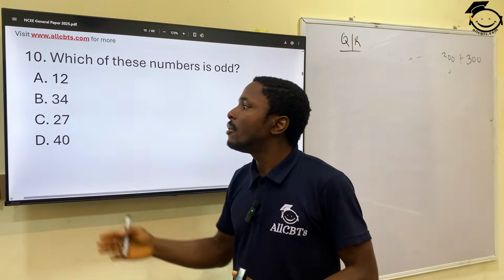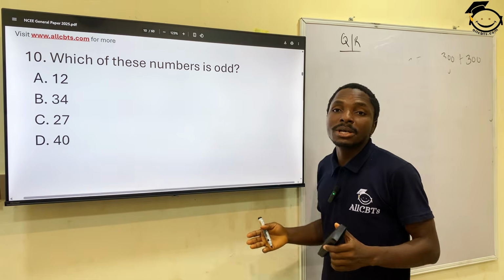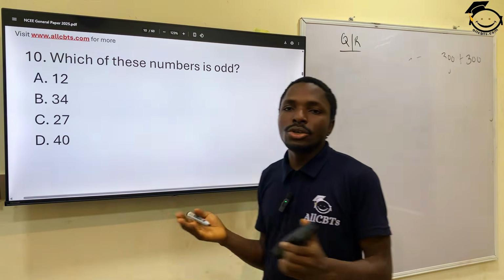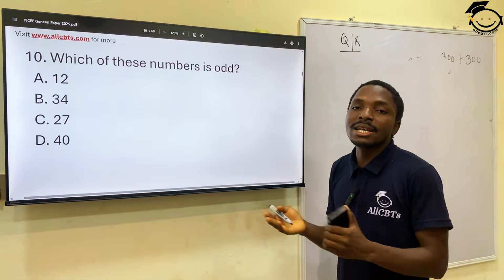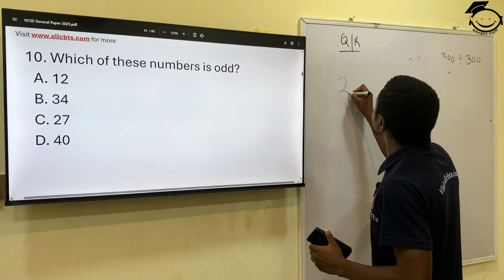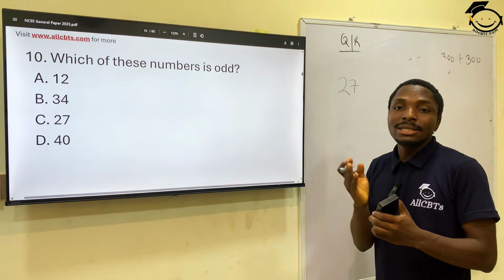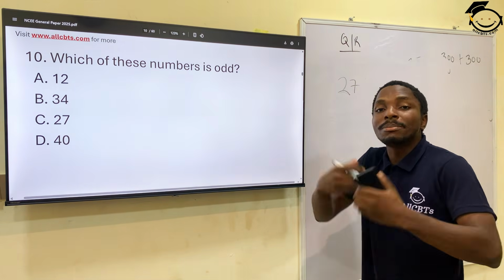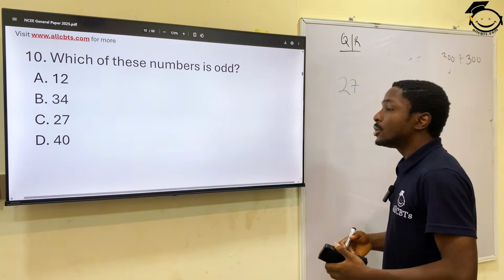For 34, just maybe two numbers, 17 and 2. But when it comes to 27, it's a cube number. It's only 27 that is a cube number. What a cube number means is that the same number is multiplied three times.